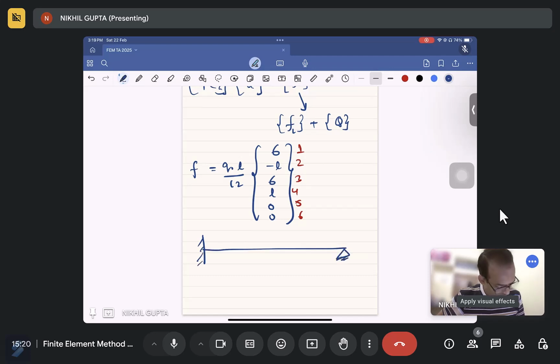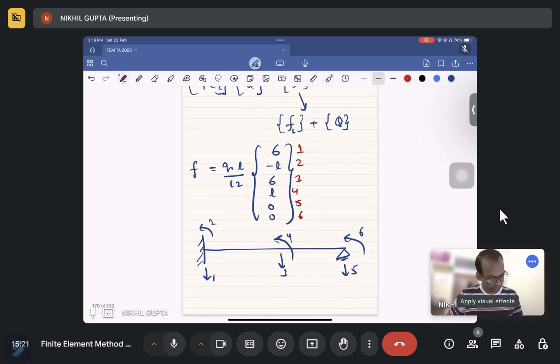So this is 1, this is 2, this is 3, this is 4, this is 5, and this is 6. So we know that for a load vector we have to see where the reactions are acting.